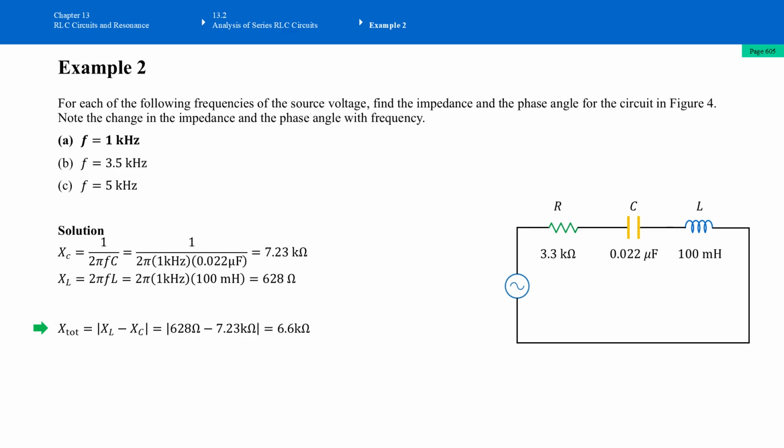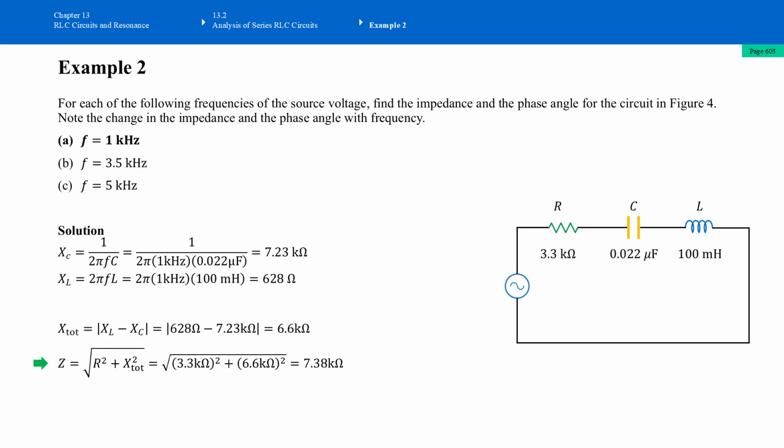We can use XL minus XC, or XC minus XL, they are the same, because at the end we just take the positive number. So XL is 628 ohms, subtract XC, 7.23 kiloohms, and the absolute value of that is 6.6 kiloohms.